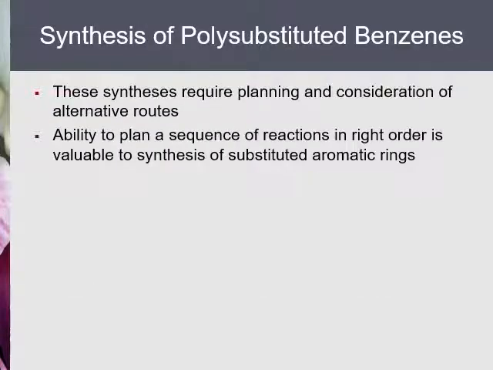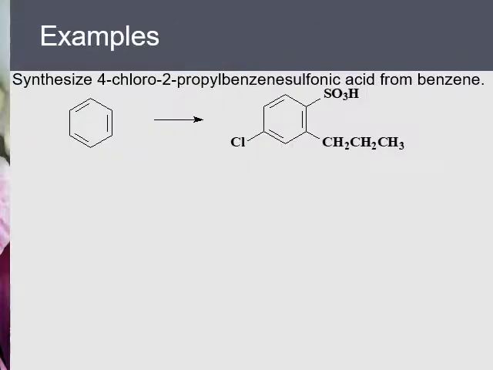Before synthesizing polysubstituted benzenes, planning and consideration of alternative routes are needed. The ability to plan a sequence of reactions in the right order is valuable to the synthesis of substituted aromatic rings. Example: how do we add 3 substituents to a benzene ring? Chlorine, propyl, and sulfonic acid. Note that chlorine is an ortho-para director.